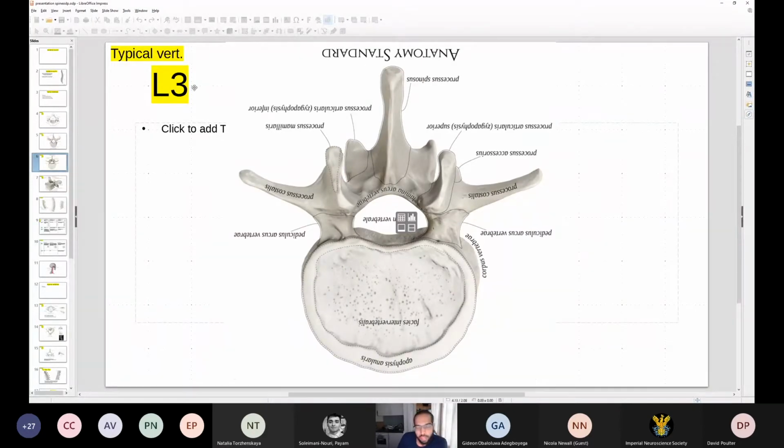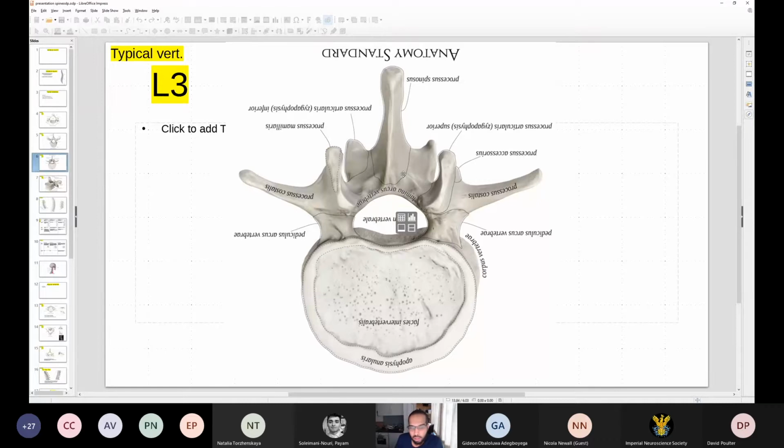So at the lumbar level, we have the typical L3 vertebra, and you can see that this is a body lying anteriorly, and this is an arch lying posteriorly. So the arch is composed of lamina, and here the lamina looks a little bit smaller, or shorter, let's say, compared to the cervical vertebra.